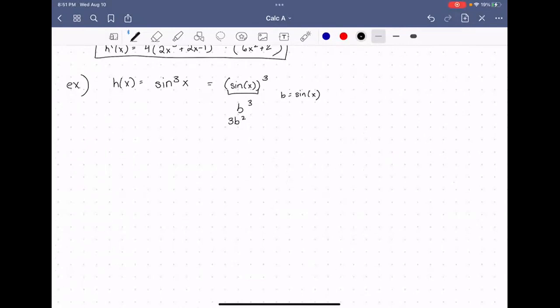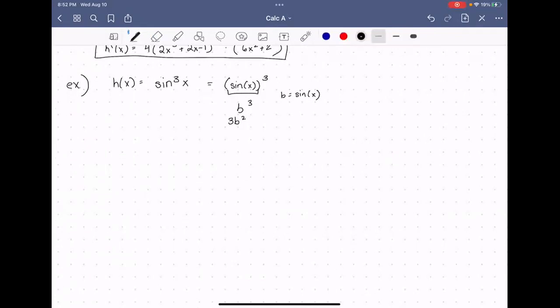However, there is a function inside the sine x. So what is the derivative inside of it? One way that you can rewrite this x is that it's 1x. And what's the derivative of that? Well, the derivative of 1x is just 1, right?